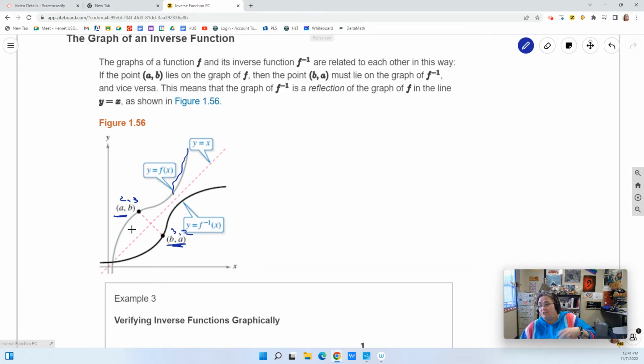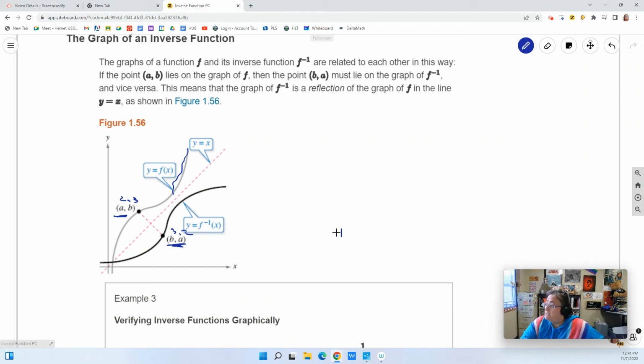I'm not pushing you too hard to verify the functions graphically, other than so that you can look at them and tell. If they're showing you the graph of one, and the supposed inverse graph has all the same points flipped, then it's an inverse of that graph, right?